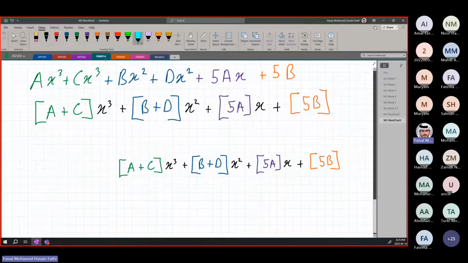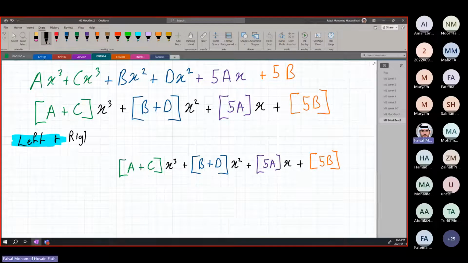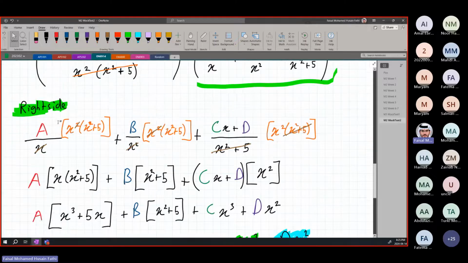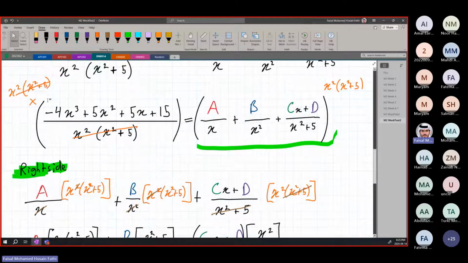Okay, now we are going to bring in the left side. Left plus right side. We have both sides now together. Okay, left plus right side. فخلنا ننزل right side اللي عندنا إياه. Remember here, this just cancelled all of it, the denominator, so we're only left with the numerator that is up here.